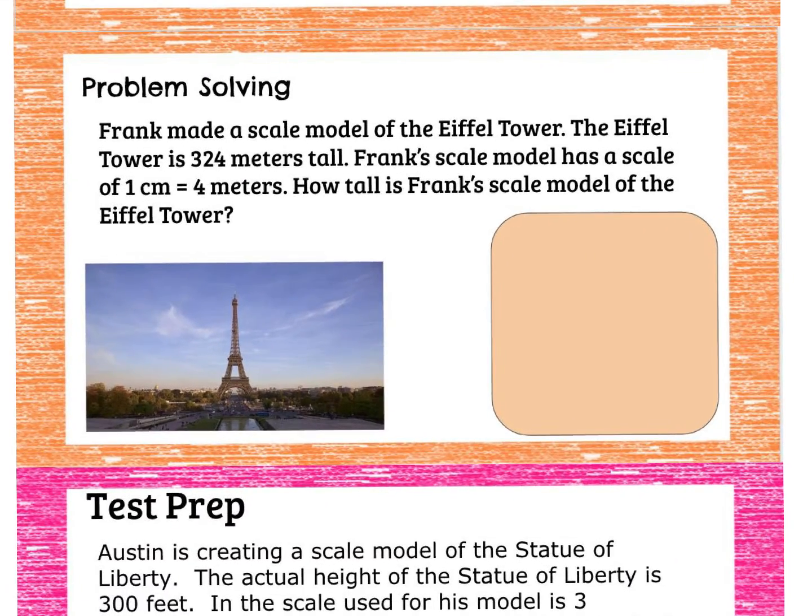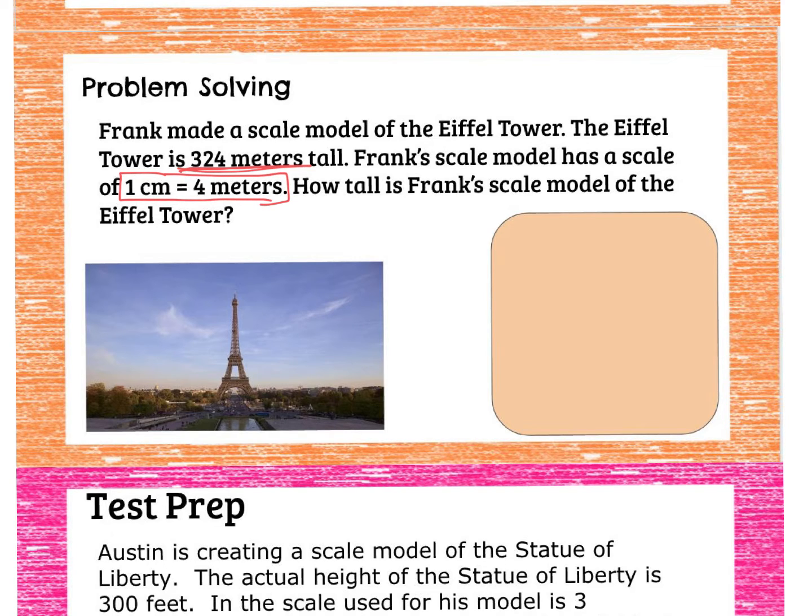Frank made a scale model of the Eiffel Tower. The Eiffel Tower is 324 meters tall. Frank's scale model had a scale of 1 centimeter equal to 4 meters. How tall is Frank's scale model of the Eiffel Tower? All right, so the Eiffel Tower is 324 meters tall. Frank's scale model has a scale of 1 centimeter equal to 4 meters.